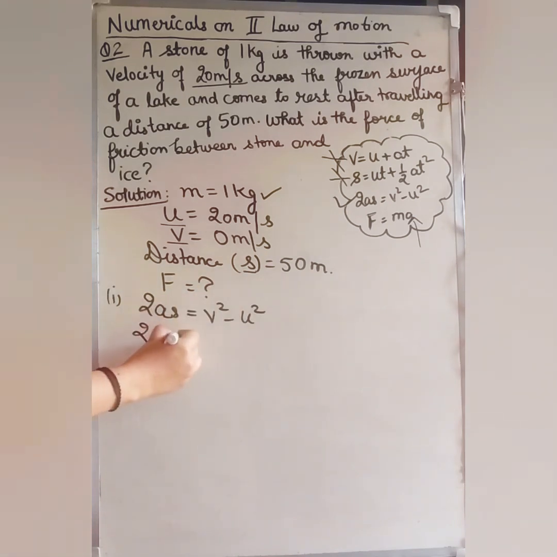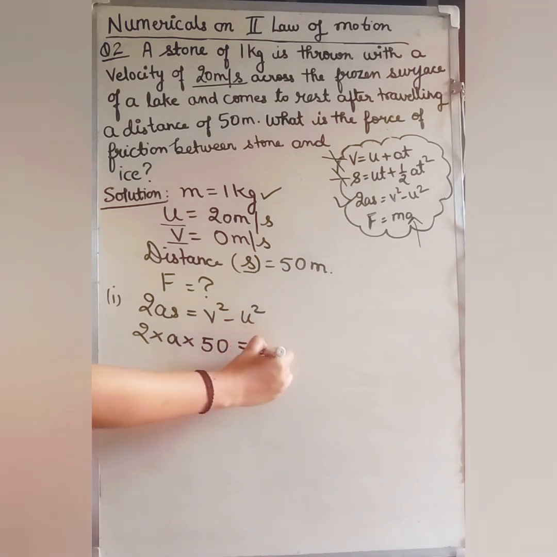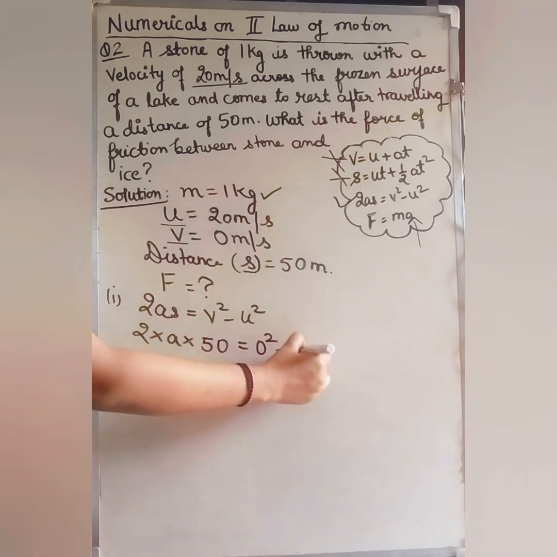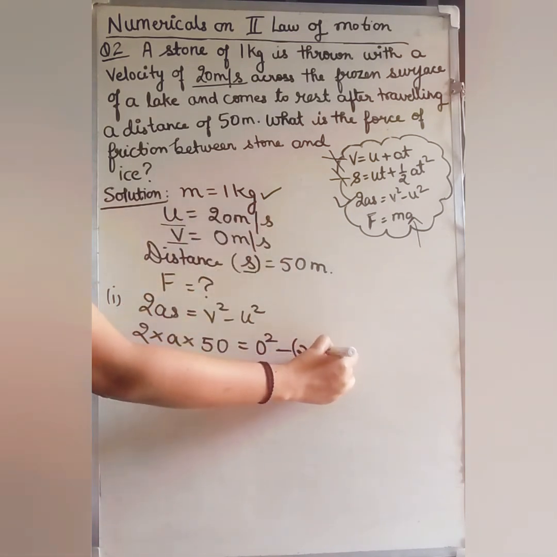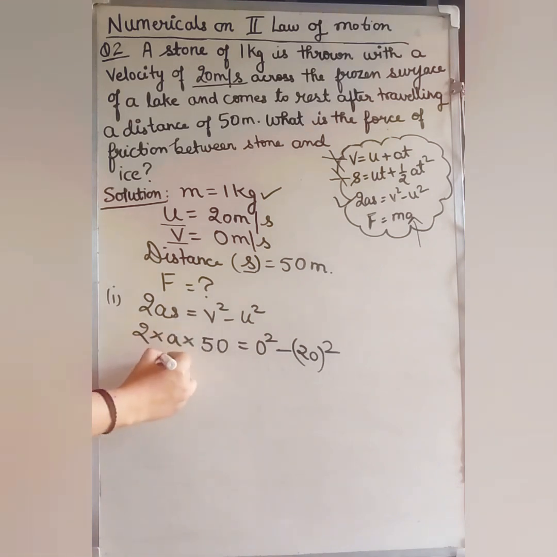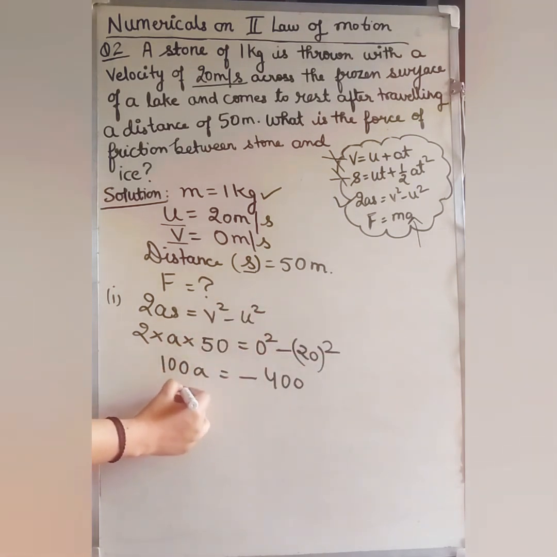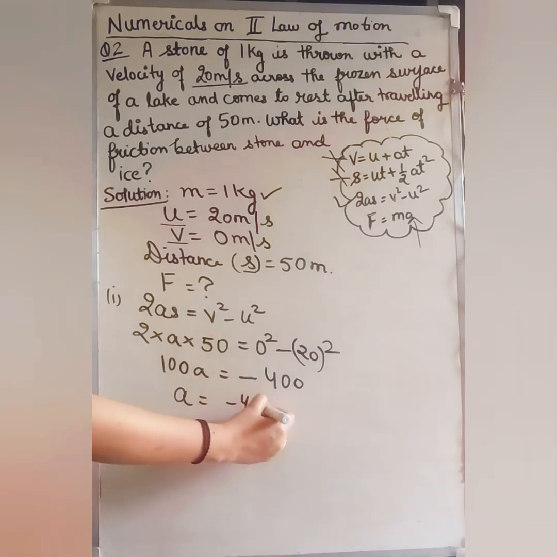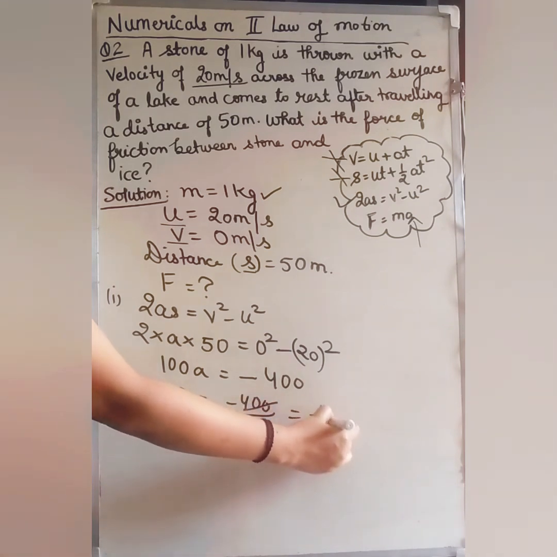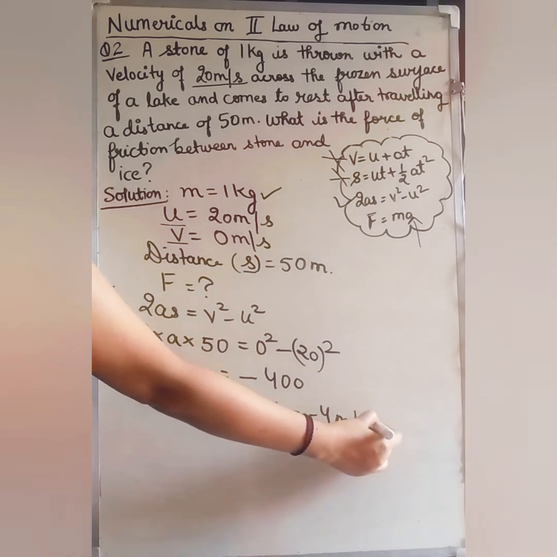So 2 into A, which I don't know, S is the distance travelled which is 50, equals V, that is final velocity which is given 0, minus U, the initial velocity, that is 20. So it will be 20 whole square. So 50 2s are 100 into A, 0 square will be 0 and minus 400. So the value of acceleration is minus 400 upon 100, which will give you minus 4 meter per second square.